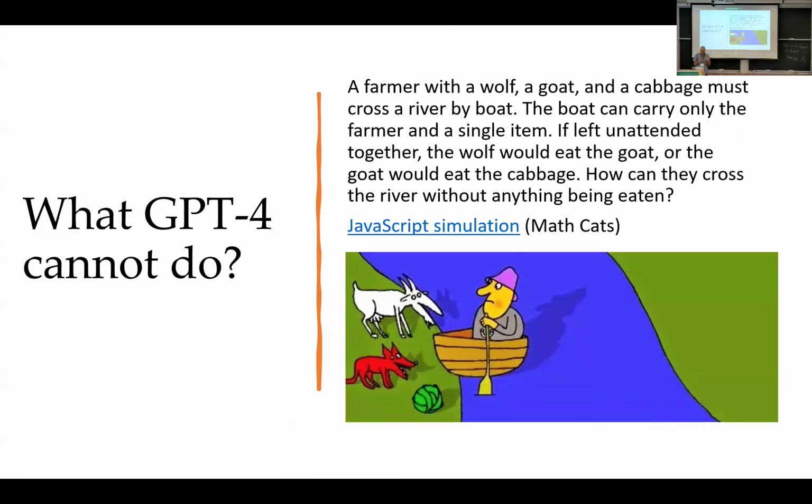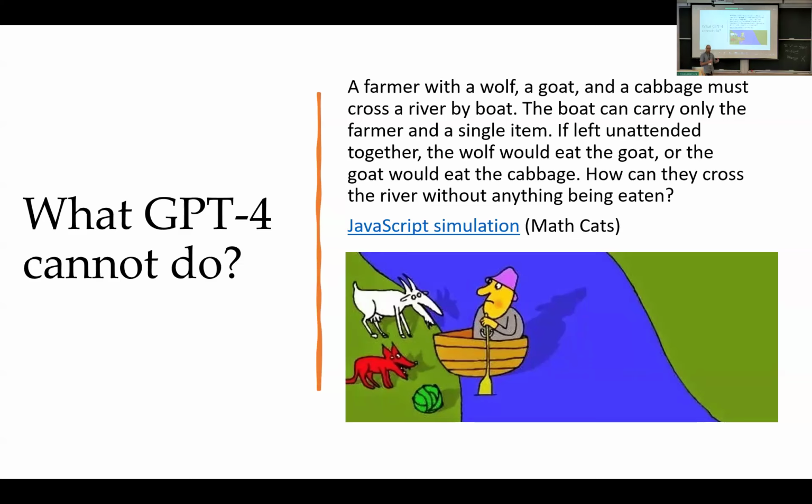But the challenge is that the boat can only carry the farmer and one other item, right? And if the goat and the wolf are left unattended, the wolf is going to eat the goat. If the goat and the cabbage are left unattended, the goat is going to eat the cabbage. And the question is, how can they cross the river without anything being eaten, right?